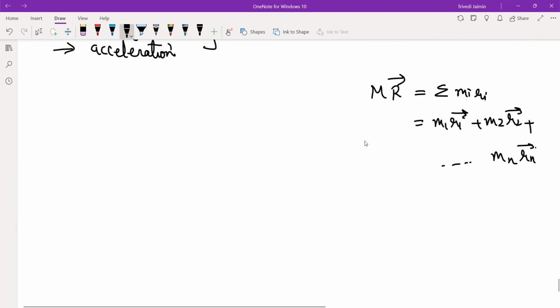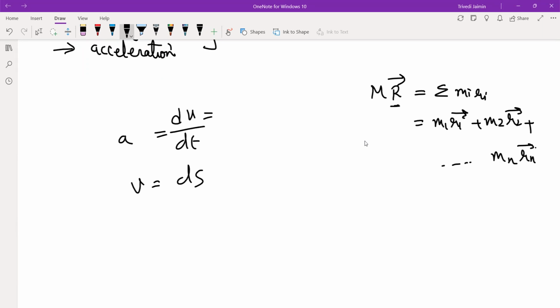Now, if I want to change this into velocity, we differentiate. Velocity is dv by dt, that is acceleration. If I want v, it is ds by dt, where ds is displacement or position, or dx by dt, whatever position we have.